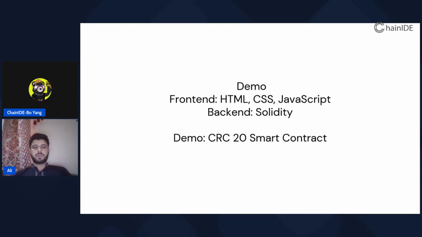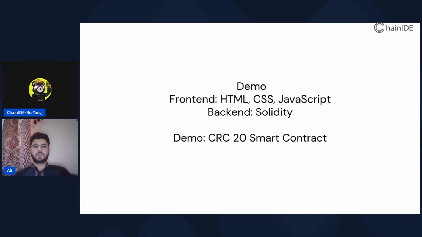Fungible tokens are used to represent virtual currencies, like if we talk about Ethereum, ETH, Solana, SOL, CFX for the Conflux blockchain. These are all 20 standard tokens. If it is deployed on the Ethereum blockchain, it is known as an ERC20 standard token.